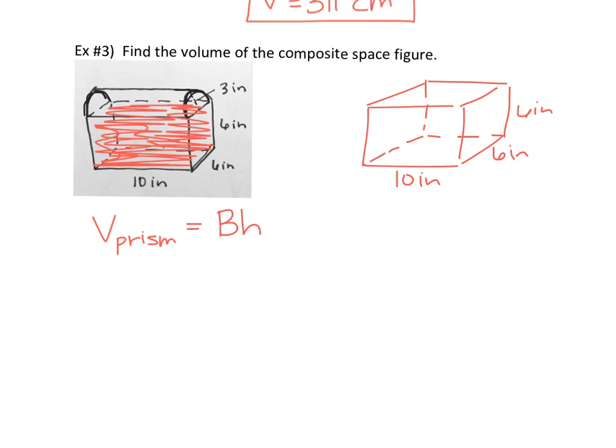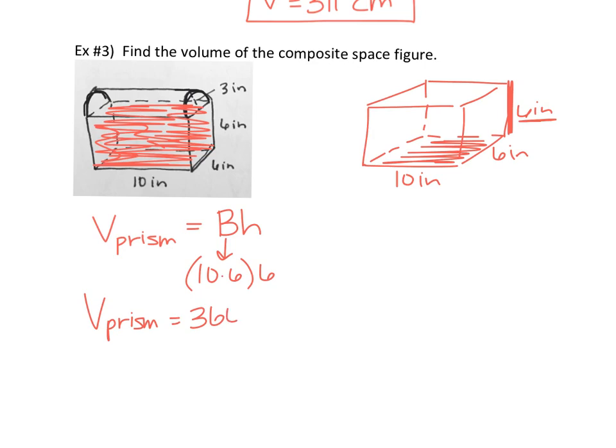Okay, so the area of the base, if we use the bottom as our base, that would be base times height, 10 times 6. Okay, the height of the prism is this distance between the two bases, which is another 6. So the volume of the prism is 10 times 6 times 6. 10 times 6 times 6 is 360 cubic inches.